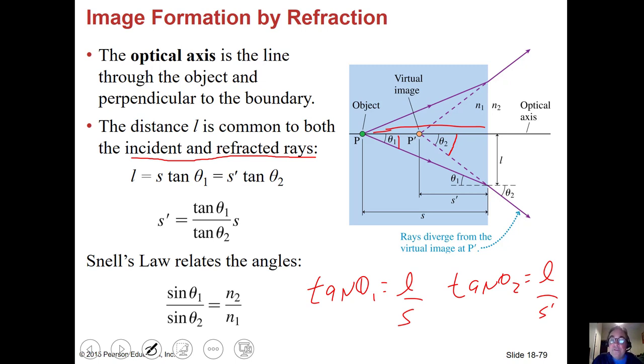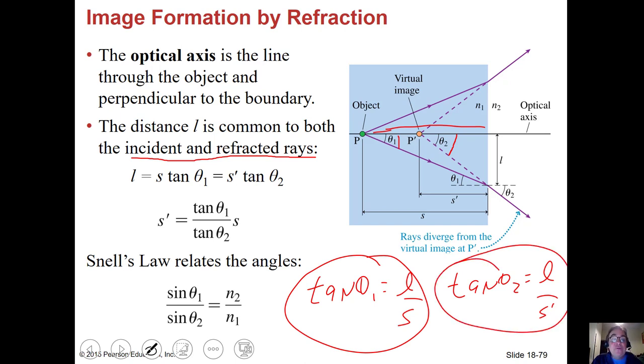So what's common to both of these equations is L. So if you solve this one for L, and you solve this one for L, you set them equal to each other, and that's where this comes from. Okay, very good. And then you can form a little ratio here from this equation.